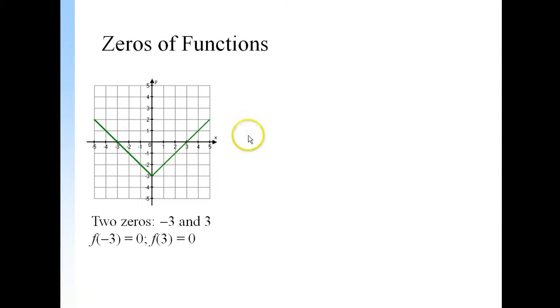Now, since the graph is there, it should be pretty easy to do. And again, the strategy is to make a T-chart. And these are going to be, we said, f of a. But remember, in a sense, that's a y. Now, where is y 0? Well, y is 0 right there. So we're going to have one there and one there. So we do have two zeros.